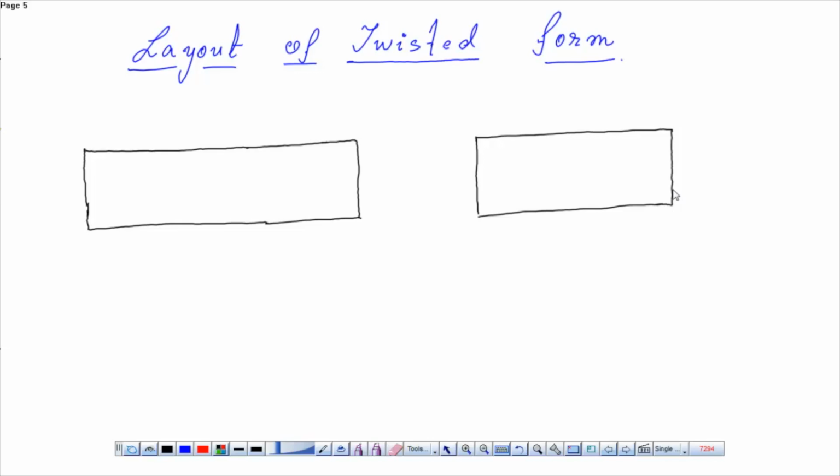Now the N well is black in color. This is the N well, and the P diffusion is brown in color. P diffusion layer is placed.